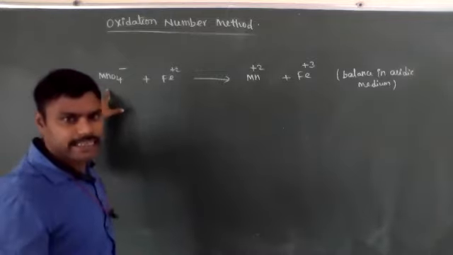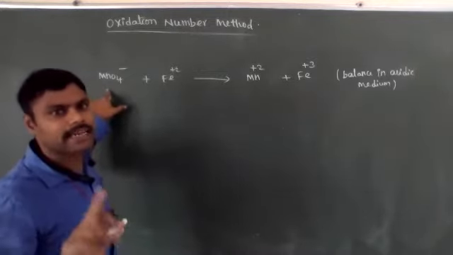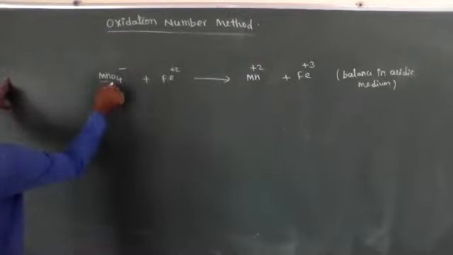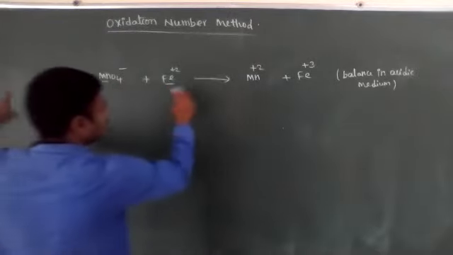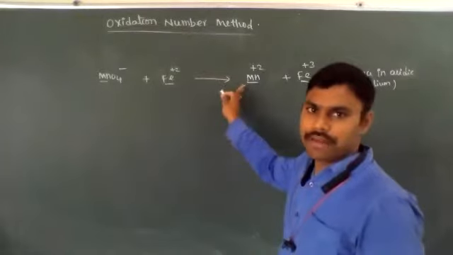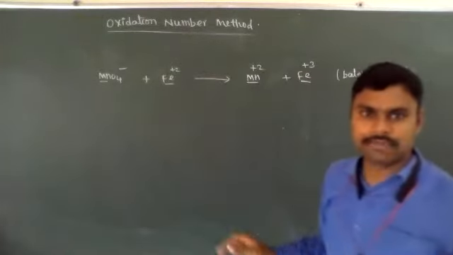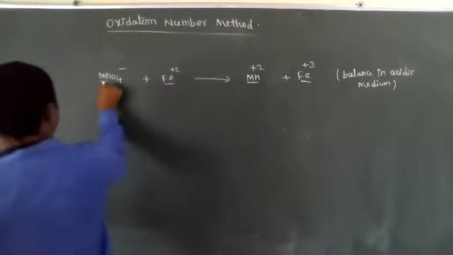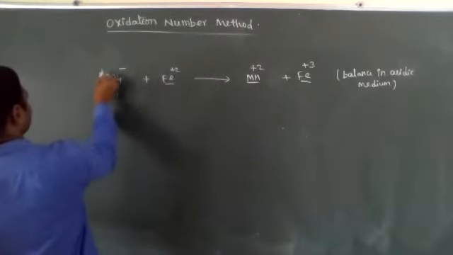After writing the skeleton equation, we have to balance the other atoms except oxygen and hydrogen atoms. What other atoms are present? Manganese, iron, manganese, iron. Only one manganese, one iron. Other atoms are balanced. After balancing other atoms, we have to find out oxidation numbers.